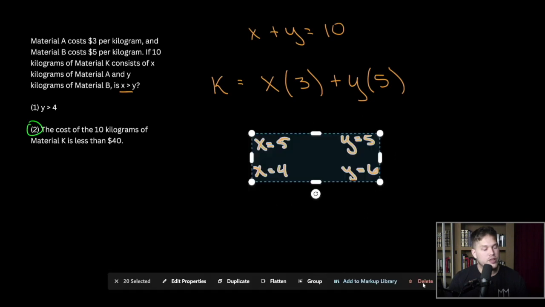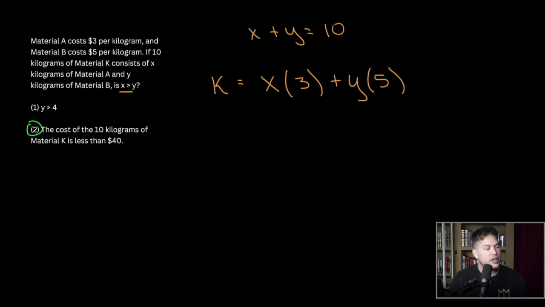So let's clear this up just a tiny bit. Here, we're told that K is less than $40. So this cost of K is going to be less than $40. All right. So now we can just plug in some numbers to see if it would work.